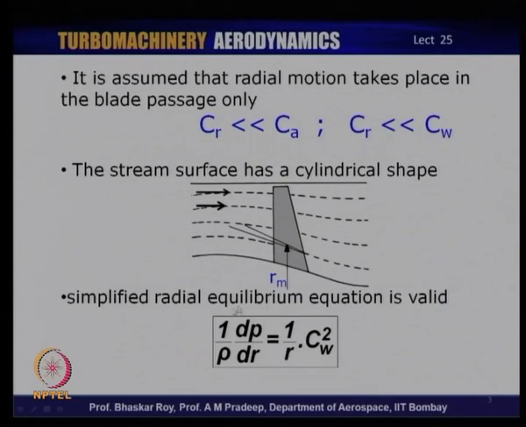So, this radial equilibrium equation simply equates the static pressure gradient along the radial direction with the centrifugal action that the flow is experiencing due to its whirl or rotational component. And this balance of static forces on the left hand side and the dynamic forces on the right hand side, which is centrifugal force, gives us an equilibrium of forces.